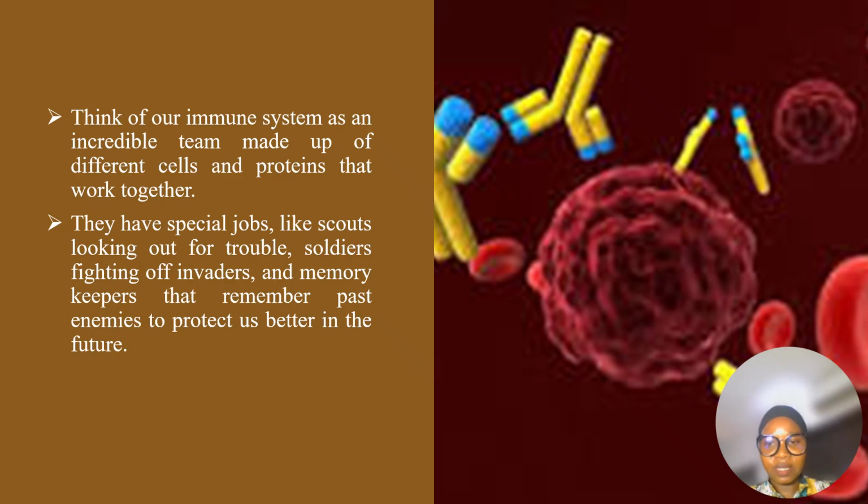Each of these cells and proteins have special jobs, like scouts looking out for trouble. We have some cells that will move around the body to look out for foreign substances. Then we have some that are going to fight off the invaders.